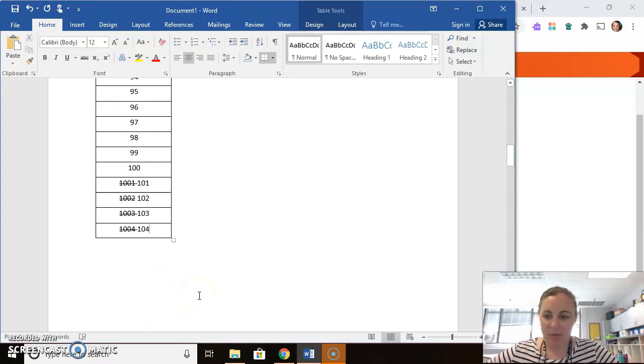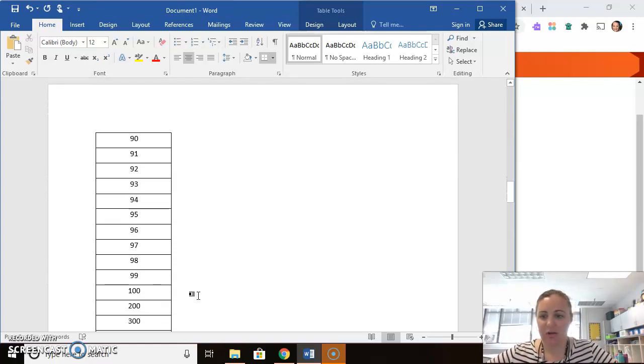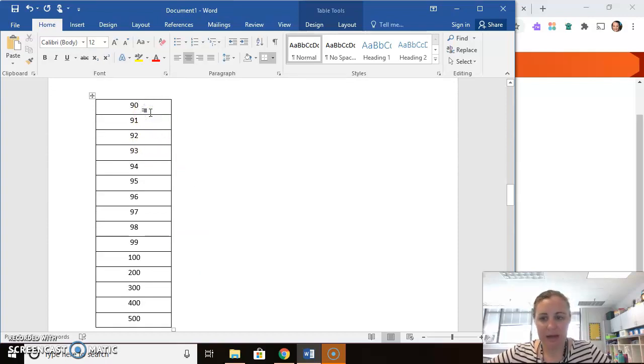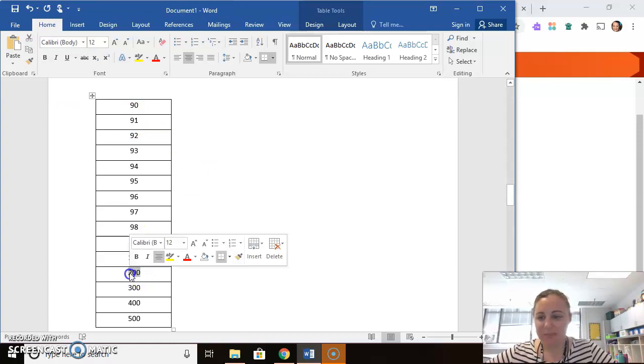So let's see another common mistake that second graders are making on their counting strips. This counting strip is the same, 90, 91, 92, 93, 94, 95, 96, 97, 98, 99, 100, 200, 300, 400, 500. What went wrong here? Yeah, they jumped straight from 100 to 200.